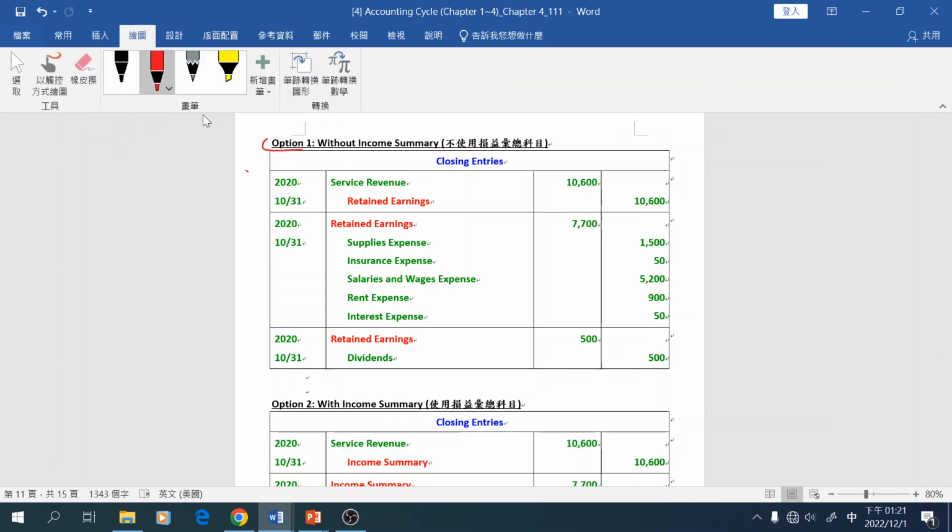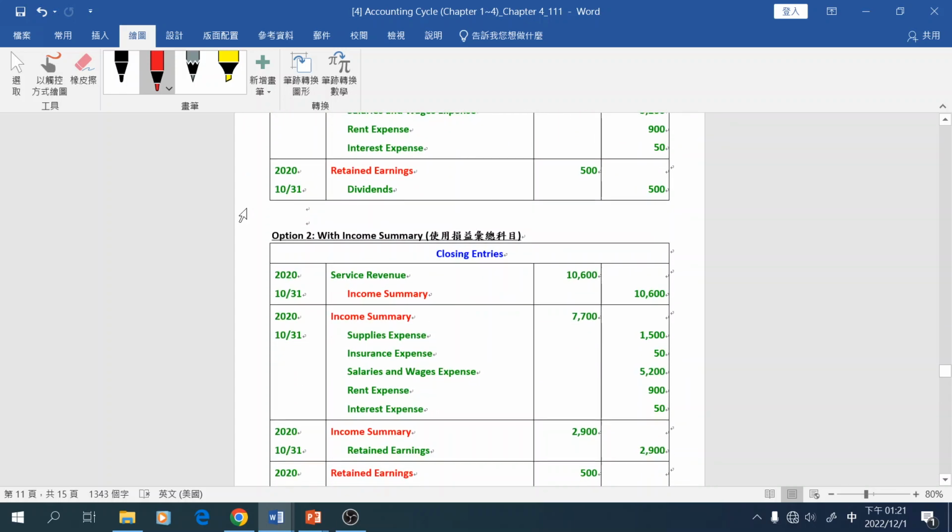Option 1 here is without income summary, 不使用损益汇总. What does that mean? It means we transfer revenue, expenses, dividends to retained earnings directly, right? So revenue transfers to retained earnings, expenses transfer to retained earnings, dividends transfer to retained earnings.